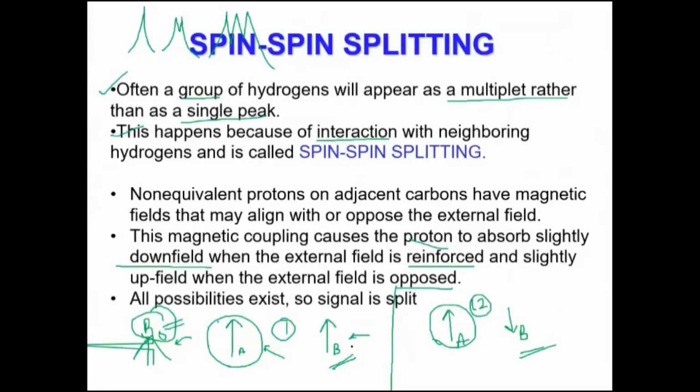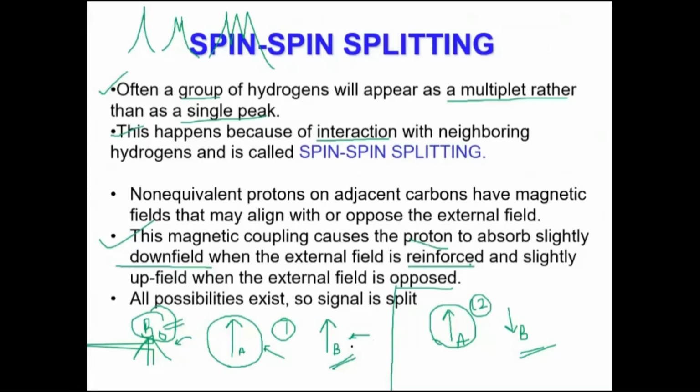So I will read out this point again so you will understand it. The magnetic coupling causes the proton to absorb slightly downfield when the external field is reinforced, and slightly upfield when the external field is opposed. I hope you understood this. All possibilities exist, so the signal is split. The last statement states, suppose there are 100 molecules.